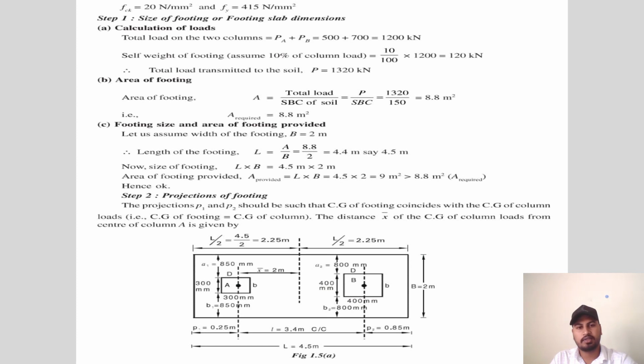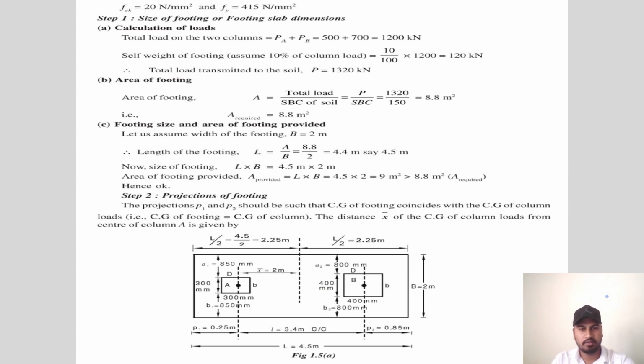Now we'll calculate the footing size and area of the footing provided. Whatever we have calculated now is the area required. Now we are going to find how much area is to be provided. Let us assume that the width of the footing will be 2 meter. So the length will be area by B. Here we'll get 4.4 meter, so let us take it as 4.5 meter.